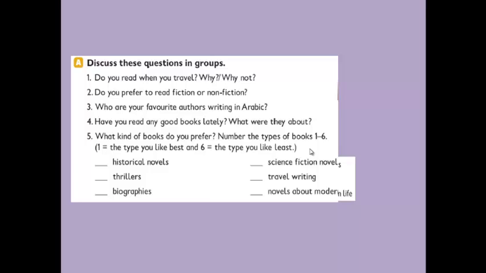Number 5. What kind of books do you prefer? Number the types of books from 1 to 6. Here we have historical novels, thrillers, biographies, science fiction novels, travel writing, and novels about modern life.